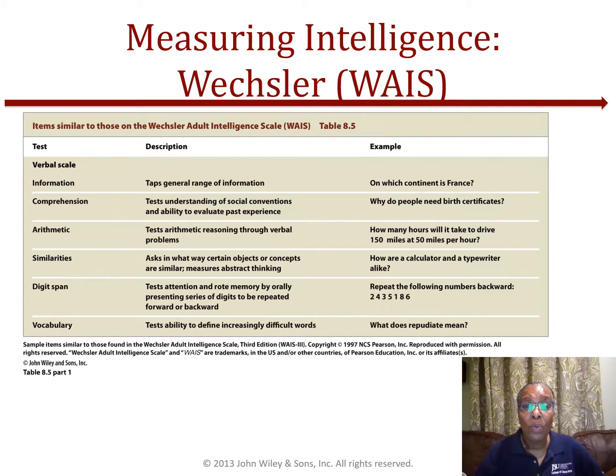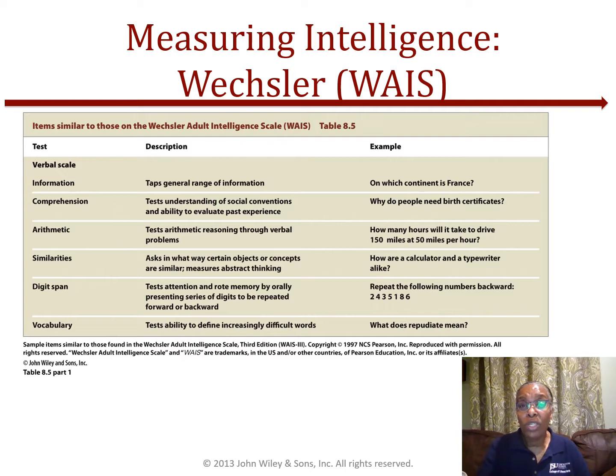Wechsler's test yields a final intelligence score, but it separates the verbal scores, which cover vocabulary, comprehension, and knowledge of general information, from the performance scores, such as arranging pictures to tell a story or arranging blocks to match a given pattern. Different abilities can be evaluated separately or together, and people who are unable to speak or understand English can still be tested.